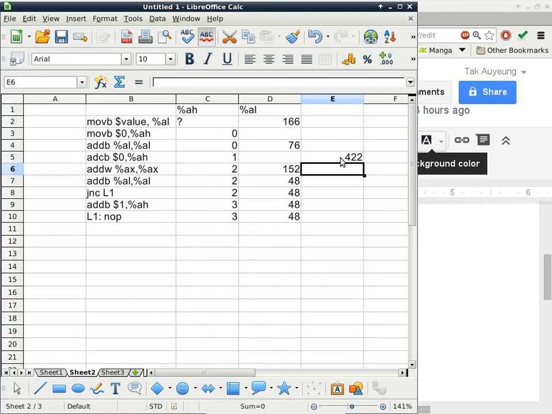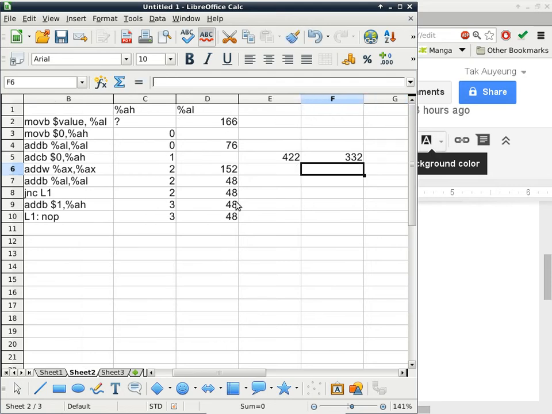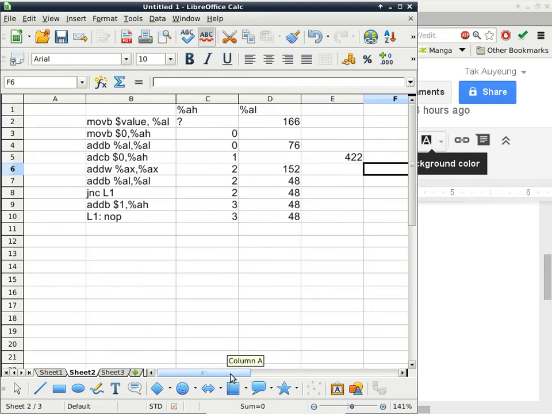That is not right. 166 times 2 is not that number. It should be 332. I messed up something here.